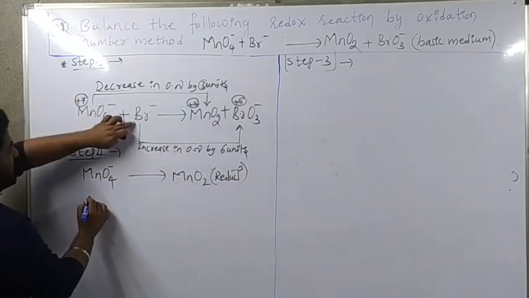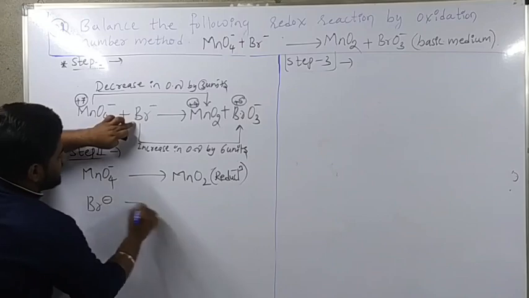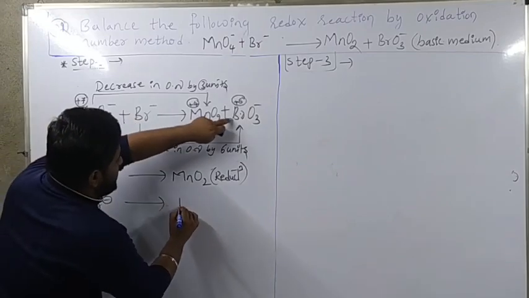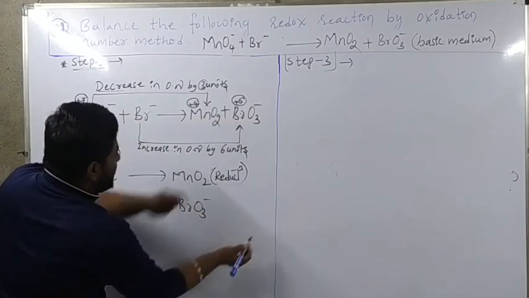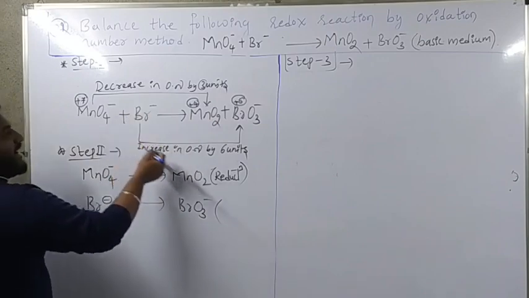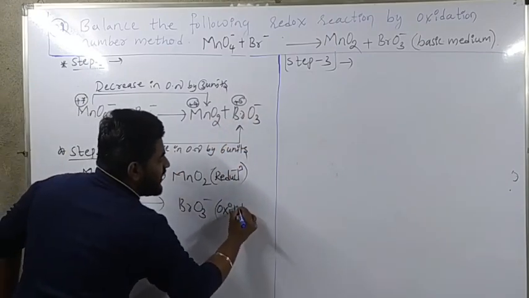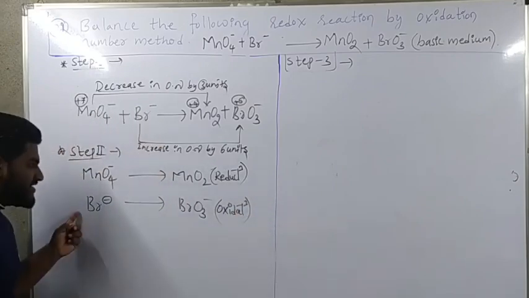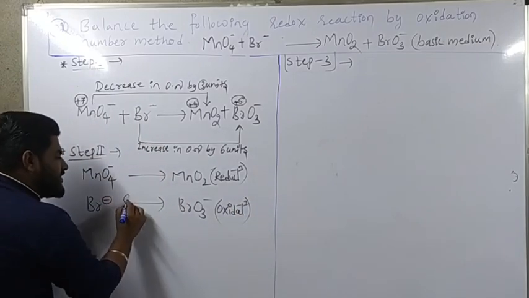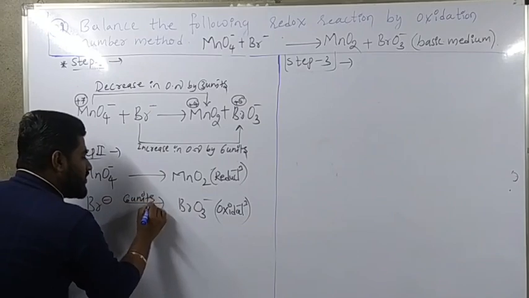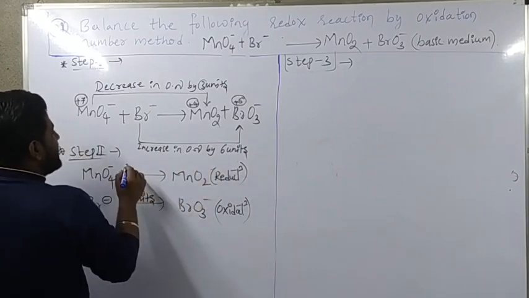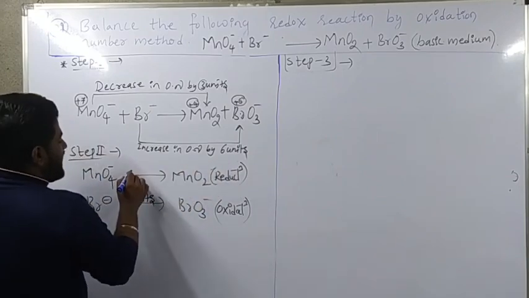Next, take the second one, Br minus gives rise to BrO3 minus. Here minus 1 to plus 5, hence it is increasing the oxidation number, so it is called oxidation. How much is it increased? It is increased by 6 units. And how much is it decreased? Decreased by 3 units.